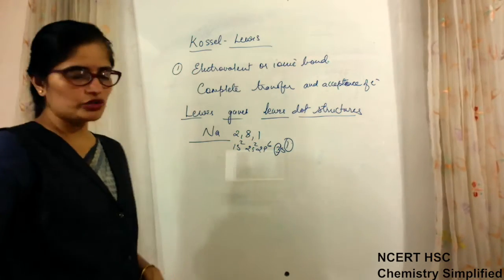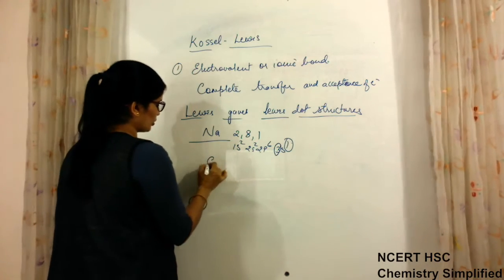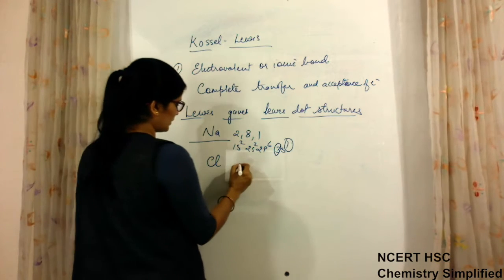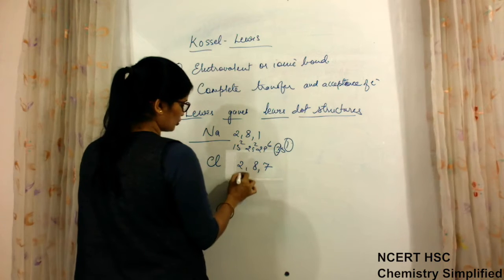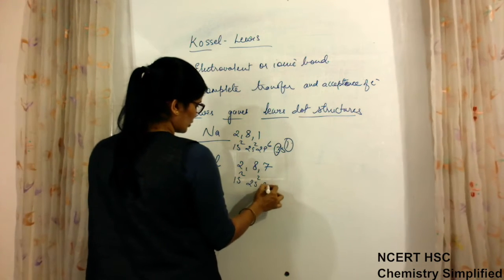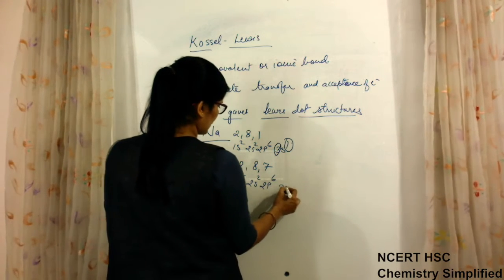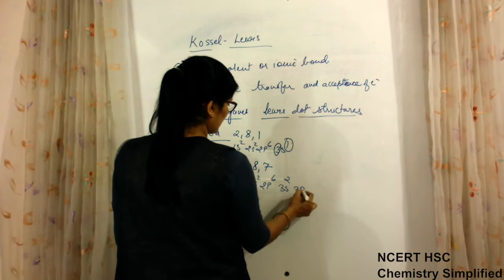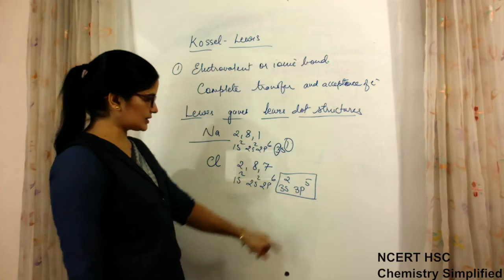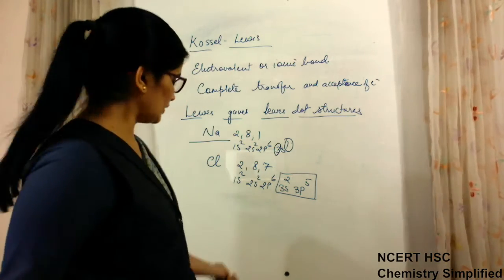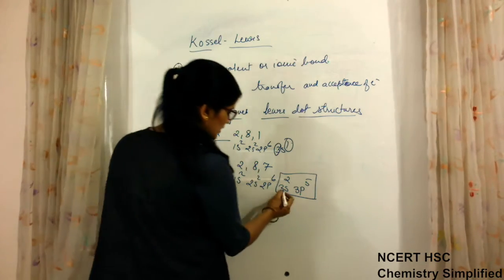Now if we have to make the electron dot structure for the chlorine atom, it will be 2, 8 and 7, 1s2, 2s2, 2p6, then 3s2, 3p5. For the valence shell, don't go for this. The valence shell is the third shell.